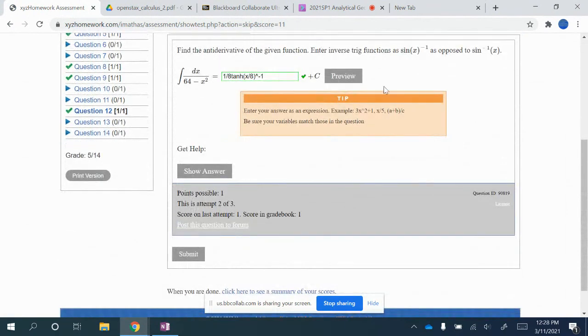So we have 1/8 times the inverse, and notice I put my inverse symbol outside of my hyperbolic function. So we have 1/8 times the inverse hyperbolic tangent of x over 8 plus c.